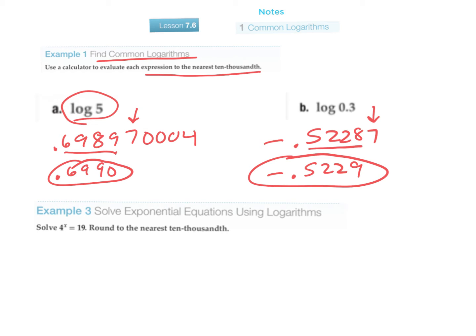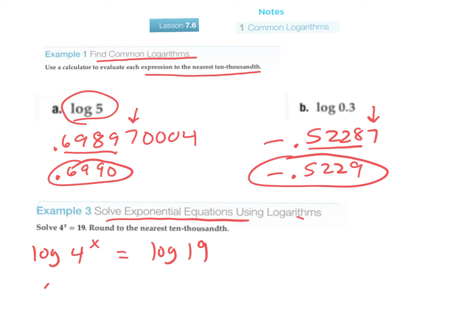Now, the more difficult problem is example 3 here, where we want to solve an exponential equation using the logs. What's nice about logs is you can, like any equation, put a log on both sides of the equation. So if I have 4^x and I have 19, I can write the log on both sides of my equation because it's common. And by doing that, then I can switch this log around.